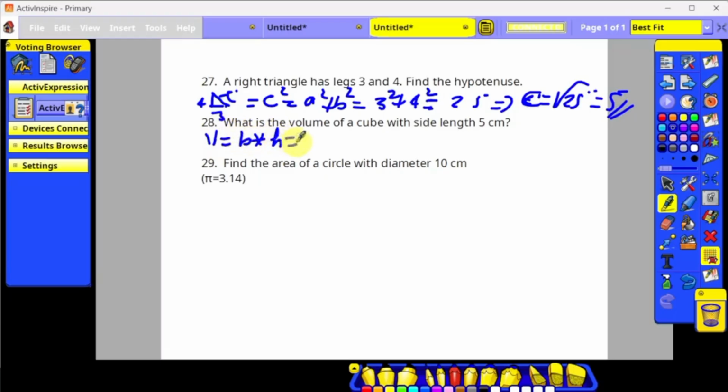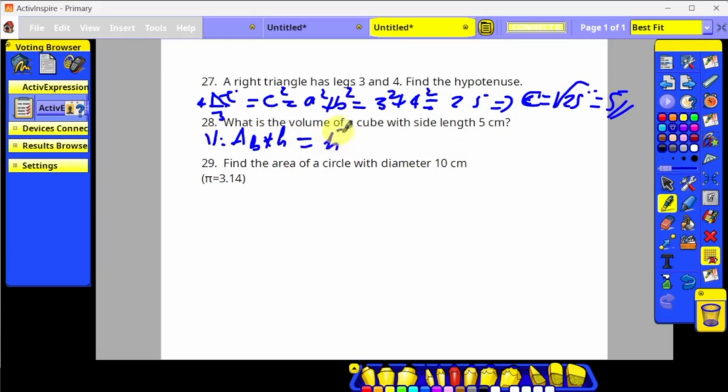But in the cube case, all the dimensions are equal, all the sides are equal.